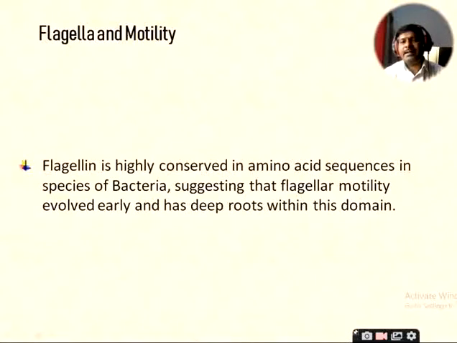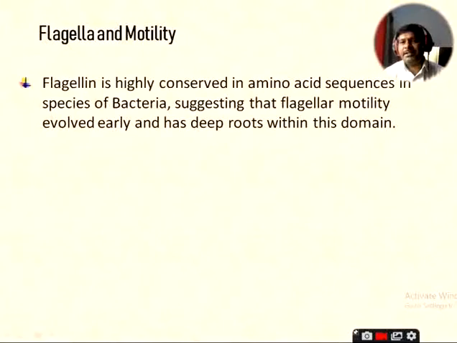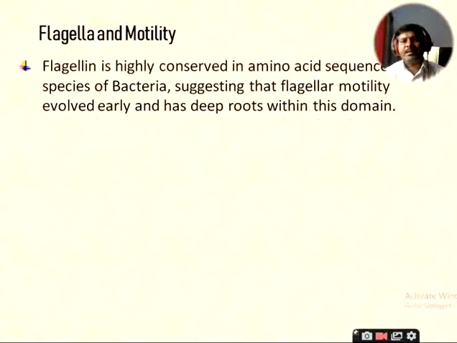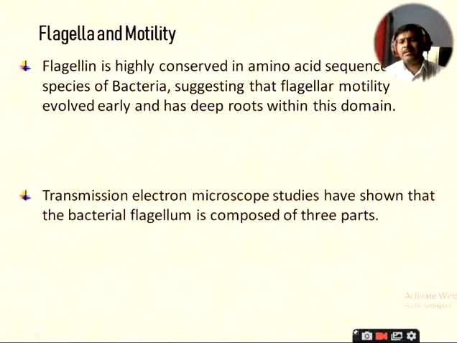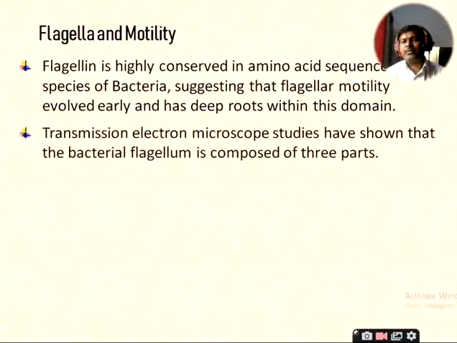Flagellin is highly conserved in amino acid sequences across species of bacteria, suggesting that flagellar motility evolved early and has deep roots within this domain. Transmission electron microscope studies have shown that the bacterial flagellum is composed of three parts.